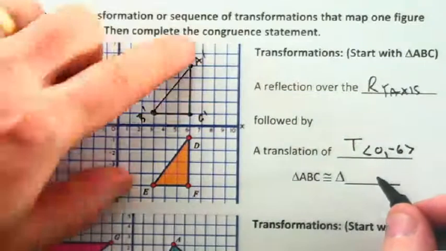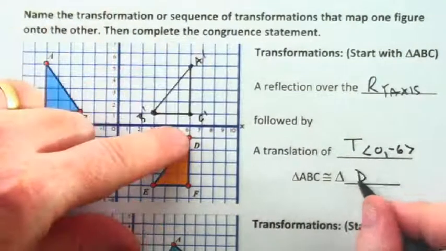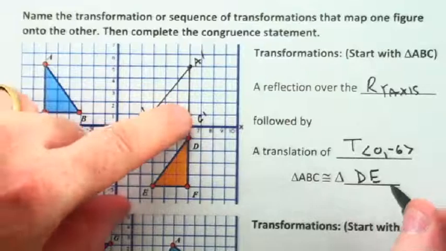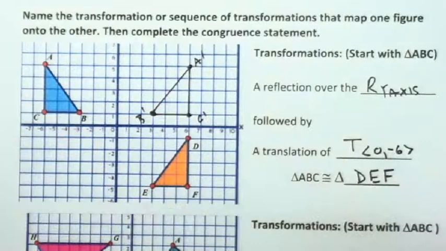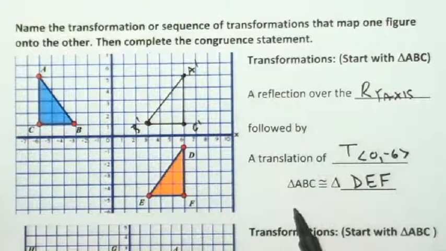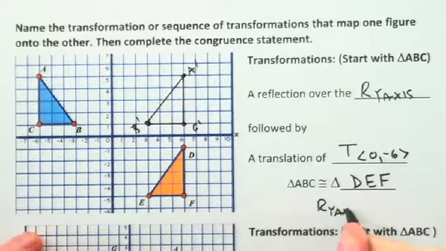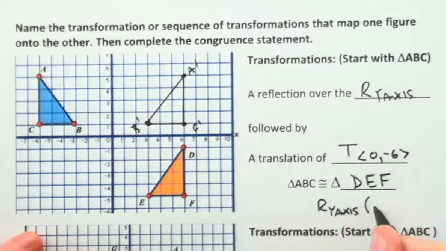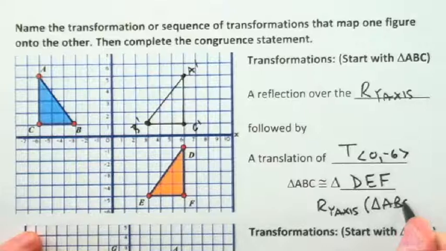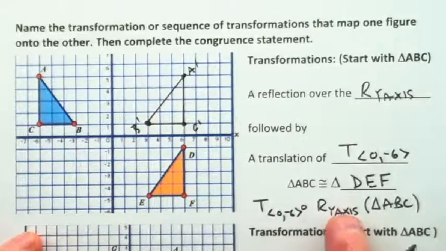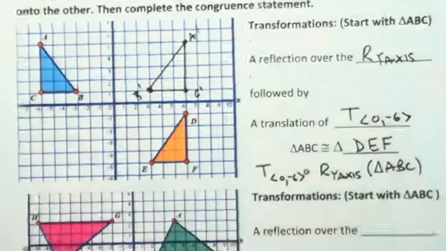And that would land A onto D, B onto E, and C onto F. Now just maybe to review something we did earlier notation-wise, this would be a reflection on the y-axis of triangle ABC, followed by a translation of 0 and negative 6. Again, notice the order: first, second.